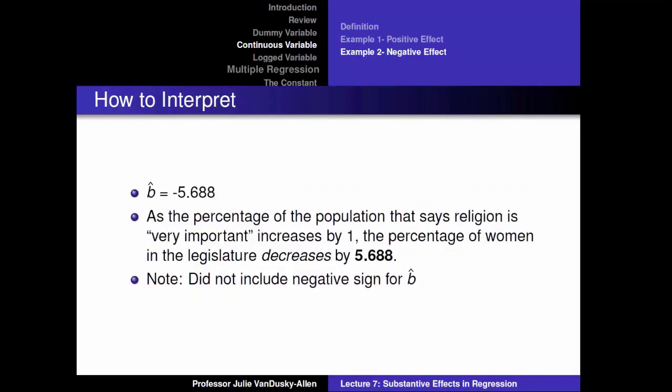Since our b hat was negative 5.688, we can say, as the percentage of the population that says religion is very important increases by 1, the percentage of women in the legislature decreases by 5.688. Note that in this interpretation, I did not include the negative sign for b hat because it is implicit when I say decreases here.